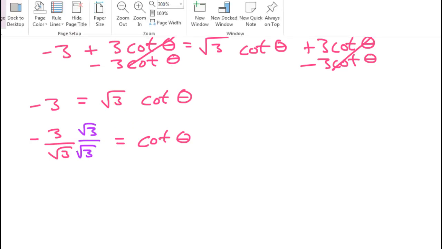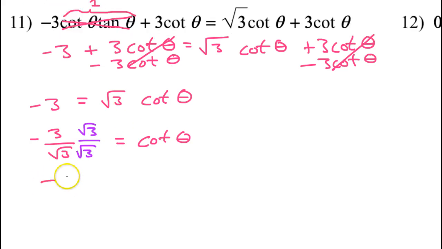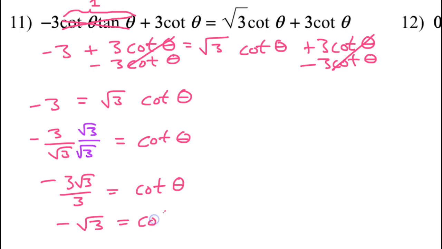That leaves us with negative 3 radical 3 over 3. Radical 3 times radical 3 is radical 9, and radical 9 is 3. Then these 3's cancel each other out, leaving negative radical 3 is equal to cotangent theta.